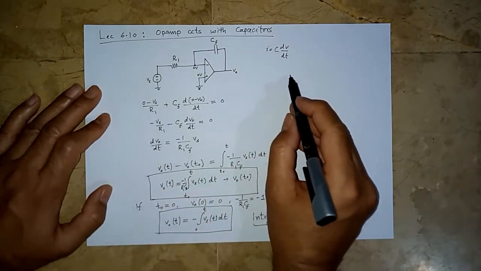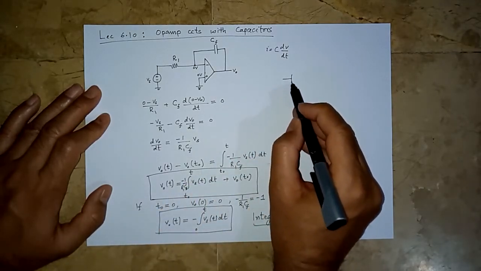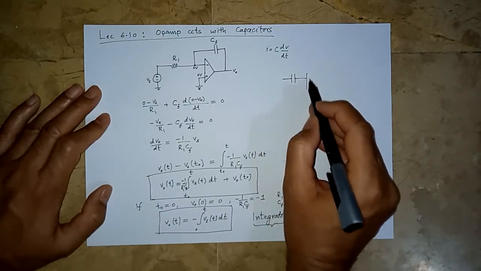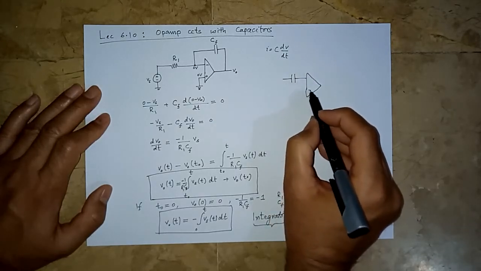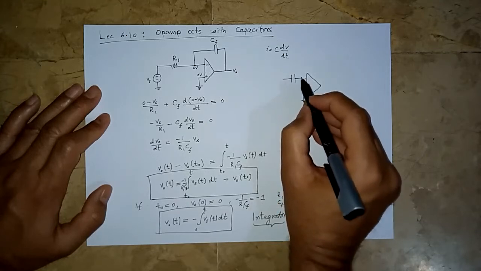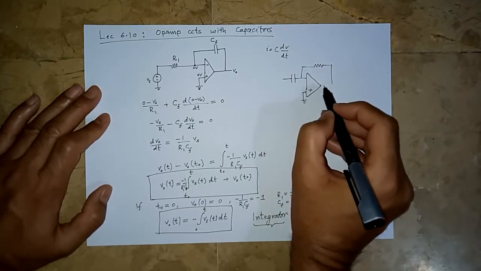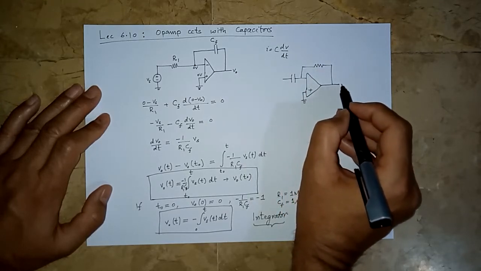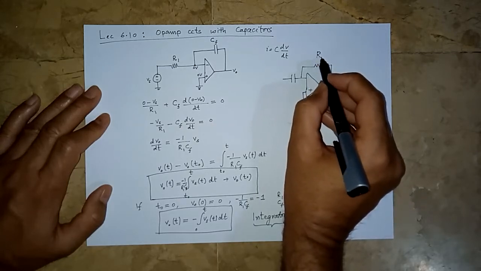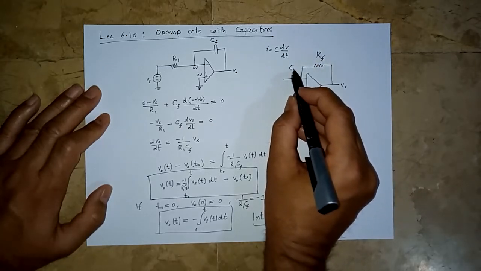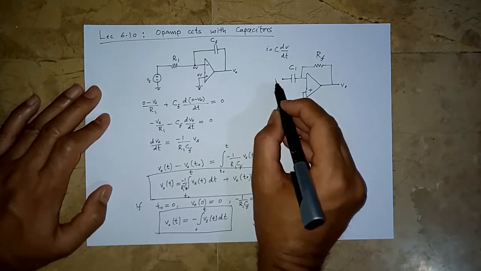So if instead we have the capacitor here at the input and the feedback path has the resistor, we just swap the position of the two. We have a resistor in the feedback path and a capacitor at the input.